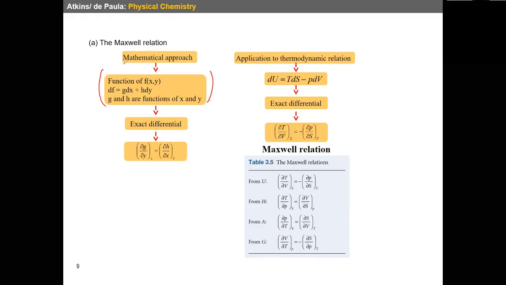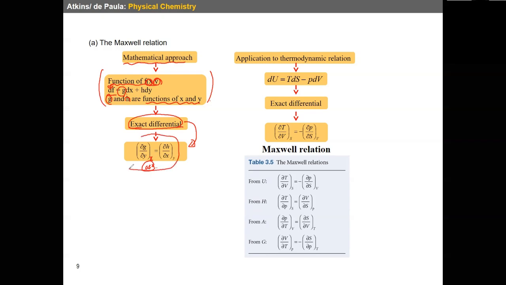If there is a function of x and y, and its differential can be written as df equals g dx plus h dy, where g and h are functions of x and y, then if it is an exact differential, it has this relation: the partial derivative of g with respect to y at constant x equals the partial derivative of h with respect to x at constant y.